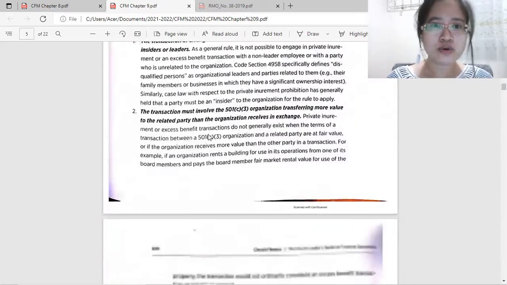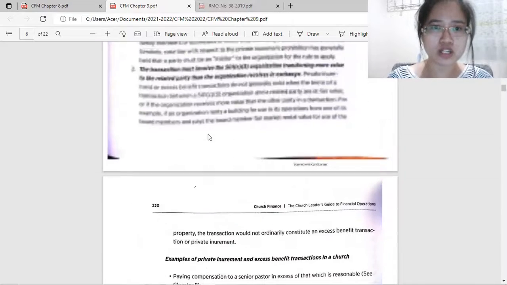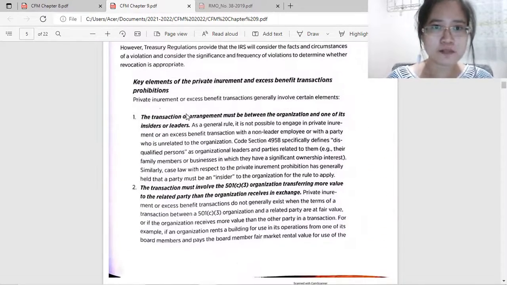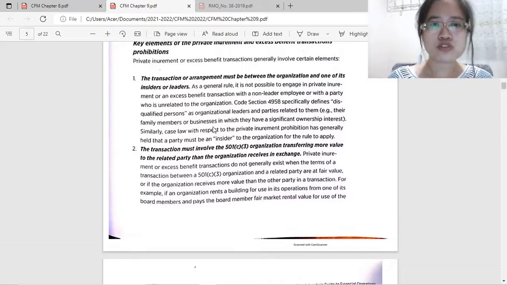Instead of going through this one, some of the information, for example, this part here, key elements of private inurement and excess benefit transactions provisions, you can consider the examples provided.